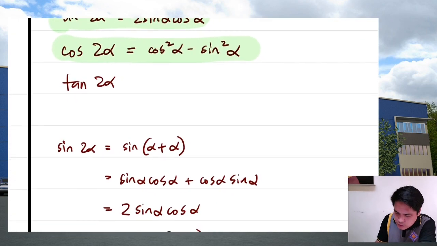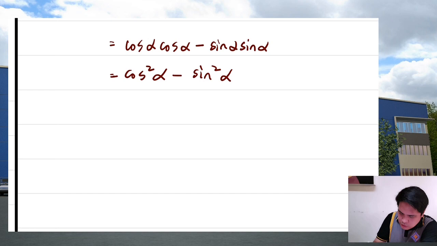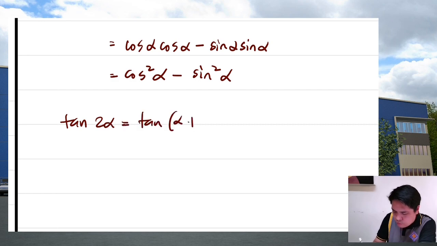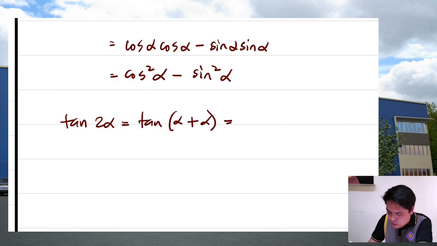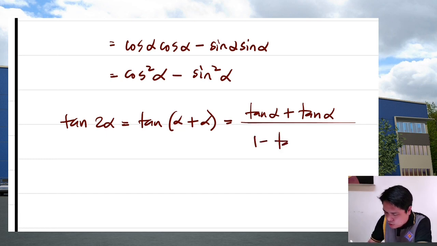Now, for tangent, ganun pa rin yung approach. We have tangent 2 alpha is equal to tangent of alpha plus alpha, which is the same as tangent alpha plus tangent alpha over 1 minus tangent alpha tangent alpha.